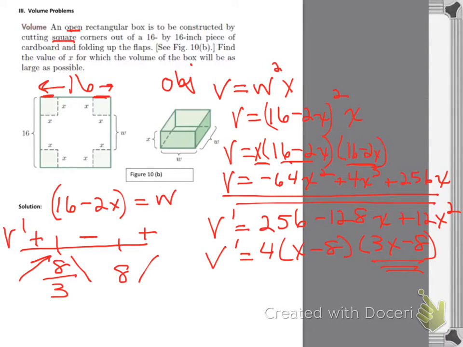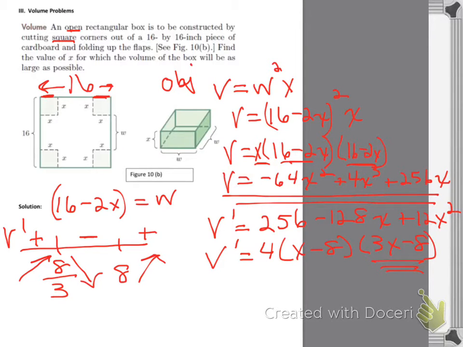Think about this. If you cut out a box that's 8 by 8, then W, which is 16, is going to be 16 minus 8 minus 8. You'll have 0 width. So you are going to get a minimum, which is what my arrows are indicating.